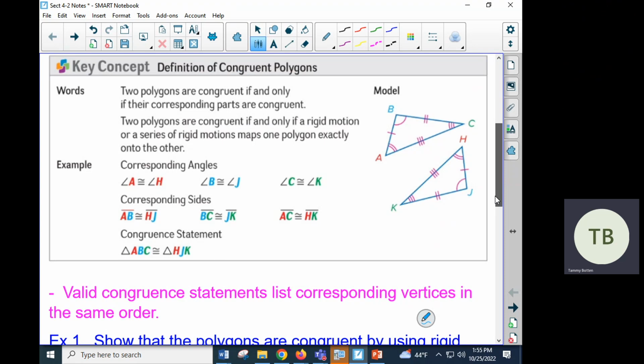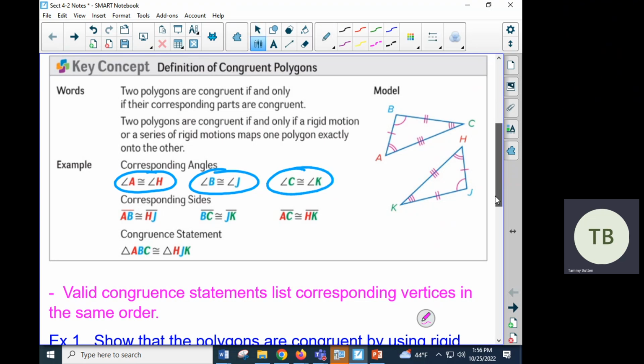All right, so if we look here, please notice that angle A and angle H each have 2 arcs. That would mean these 2 angles are congruent, okay? Notice that B and J each have 1 arc, so those 2 angles are congruent. And C and K each have 3 arcs, so those two angles are congruent.